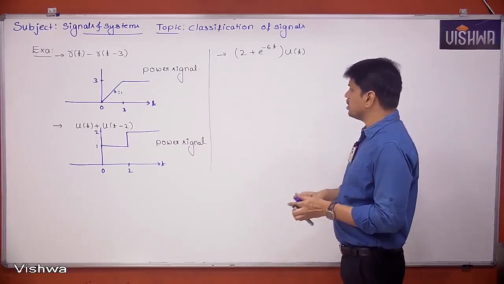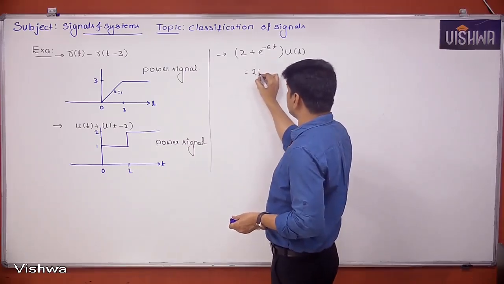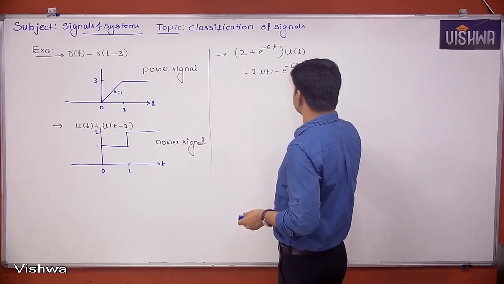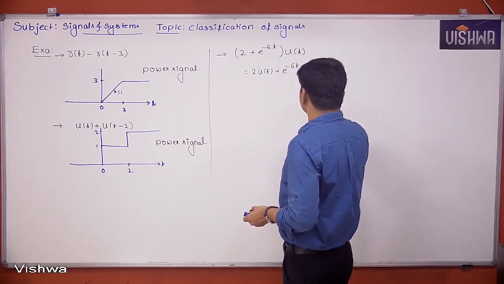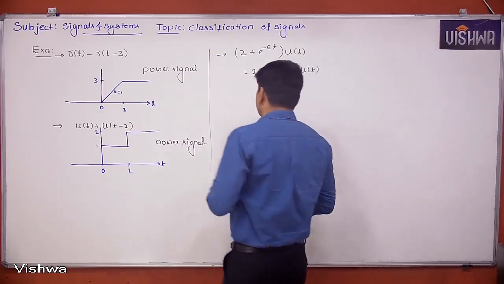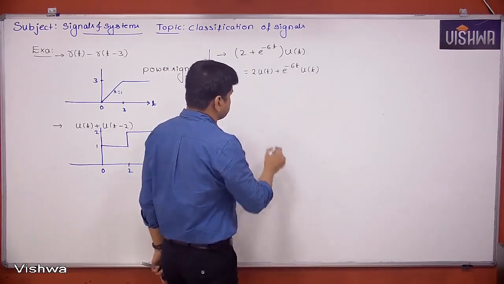If you observe carefully, this is nothing but a combination of two waveforms: 2 u of t plus e power minus 60 u of t. These are the two waveforms which are combined together to get the final waveform. Now let's see. 2 u of t added with e power minus 60 u of t.